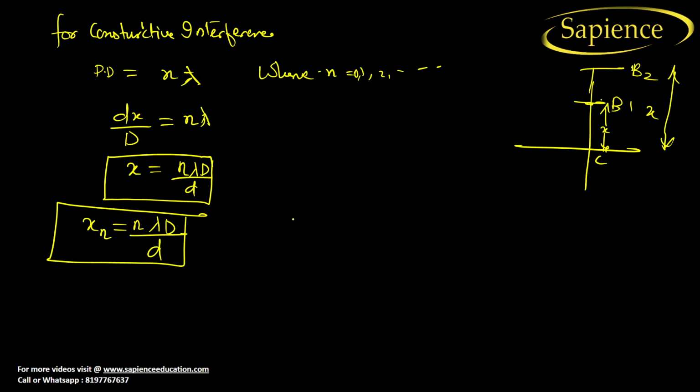And if we want to find the fringe width of the dark fringe, see, the distance between two bright fringes is the width of the dark fringe.